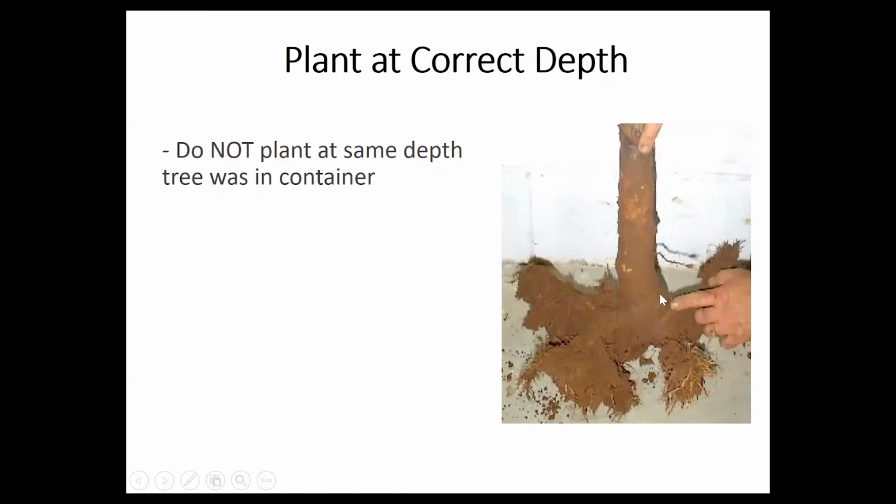This particular tree is a very, very large tree to be planting, but whether it was balled and burlapped or in a container, that's how deep it was. If we'd planted at the same depth it was in the container, it'd be a good foot too deep already. And then many people will dig the hole even deeper. So this tree could have ended up 1.5 feet too deep, maybe.